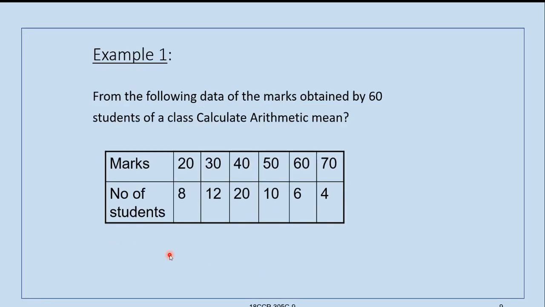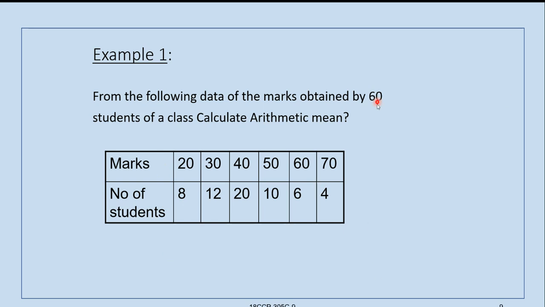In this example, we will see how the arithmetic mean is calculated. In this problem, we have taken marks as 20, 30, 40, 50, 60, 70, and the number of students, that is f. The marks are X and the number of students column is f.